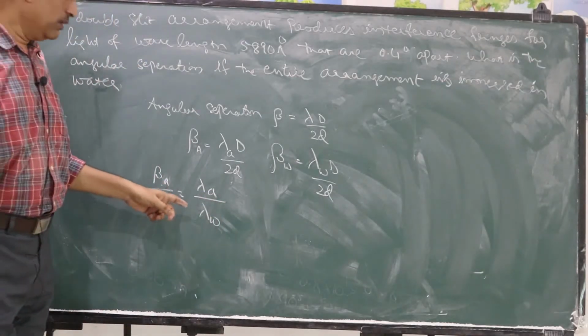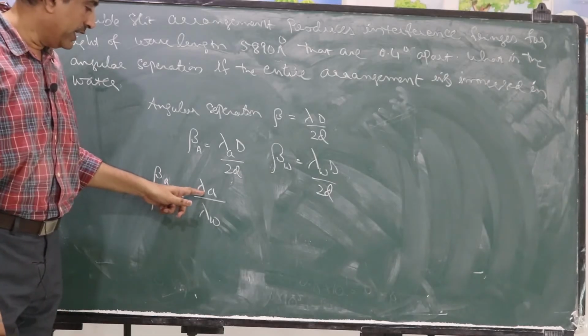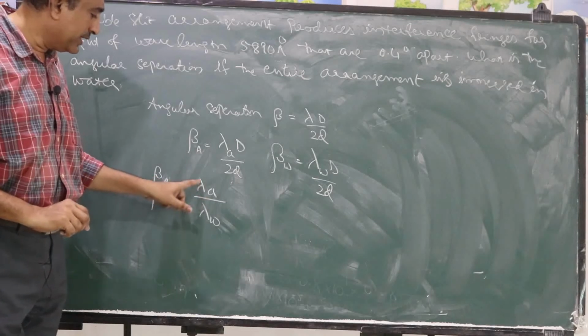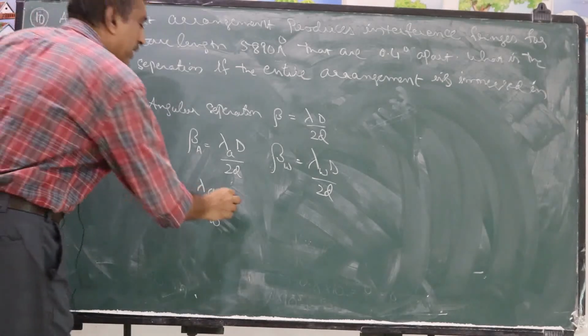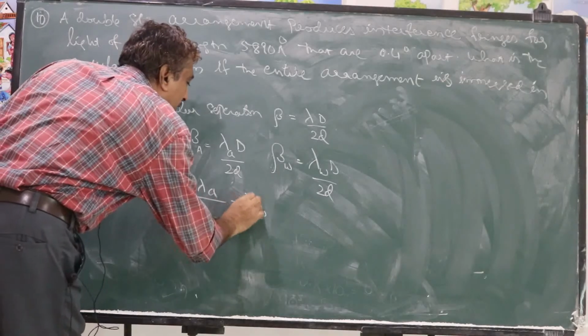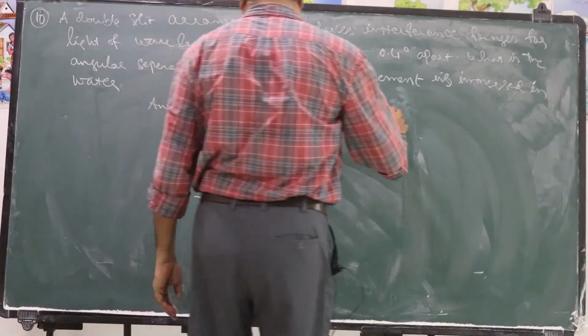But we know that the refractive index of a medium is wavelength of light in air by wavelength of light in that particular medium. So we can replace this term as refractive index of water, that is n_w. The refractive index of water is 4 by 3.